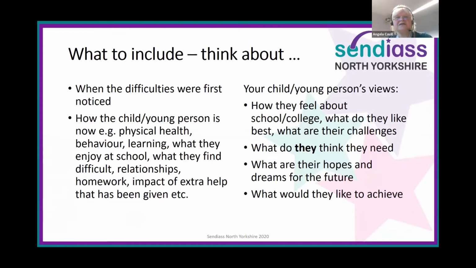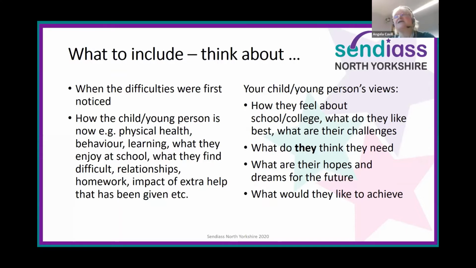So it could be things like when you first noticed the difficulties for your child, how the child is now, for example, their physical health, their behaviour, their learning, what they enjoy at school, what they find difficult, relationships, so it could be around friendships at school, homework, impact of extra help that has been given, etc. And again, your child's views, so how they feel about school, what do they like best, what are their challenges, what do they think they need.